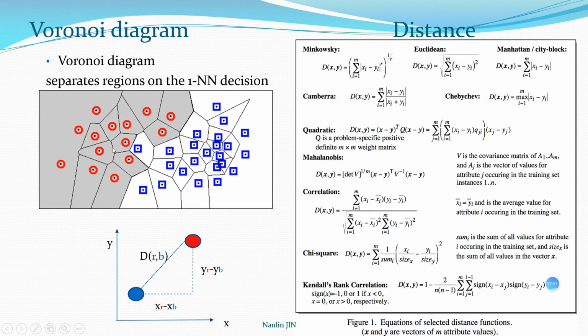So this could be used for k equals n, many kinds of classification, k equals 10, for example. Each class will have a region, and once your new object falls within that region, it belongs to that class.